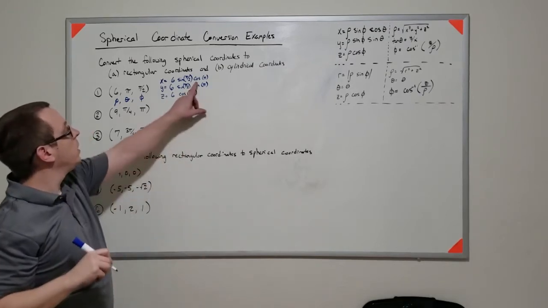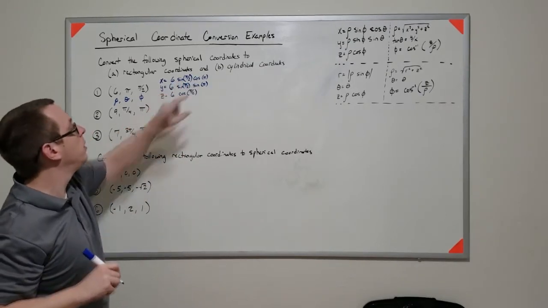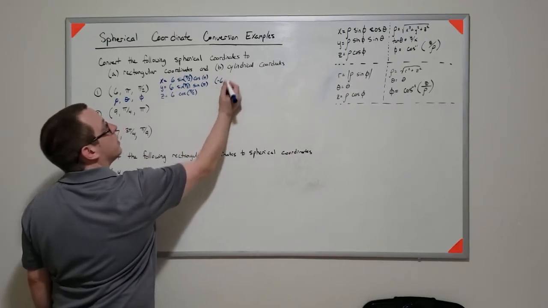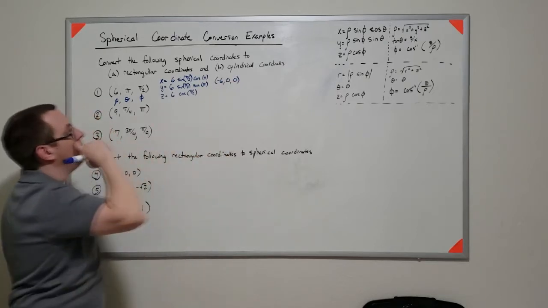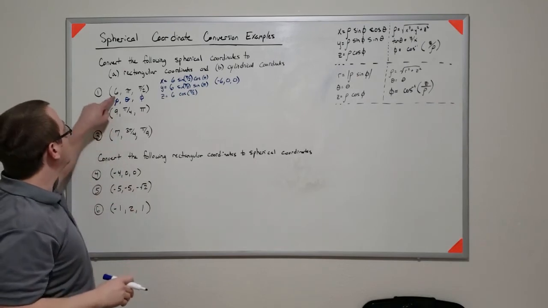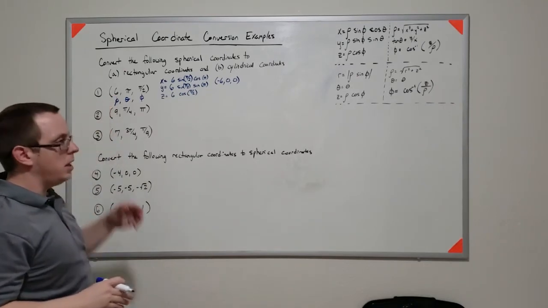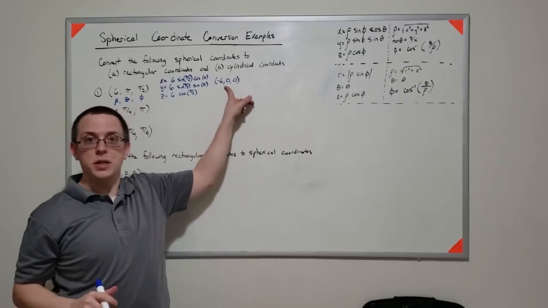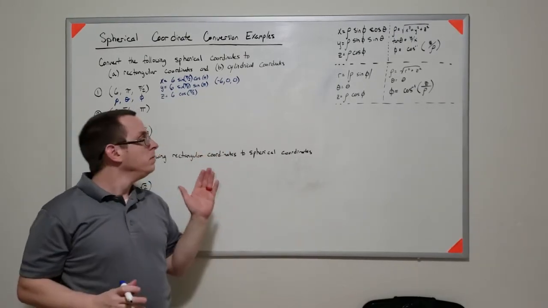In that particular case, sine of pi over 2 is 1, cosine of pi is -1. So we end up with -6, and sine of pi is 0, and cosine of pi over 2 is 0. So -6, 0, 0. Does that make sense? Well, let's think about this. The distance is 6, so the magnitude is 6, so we're good.